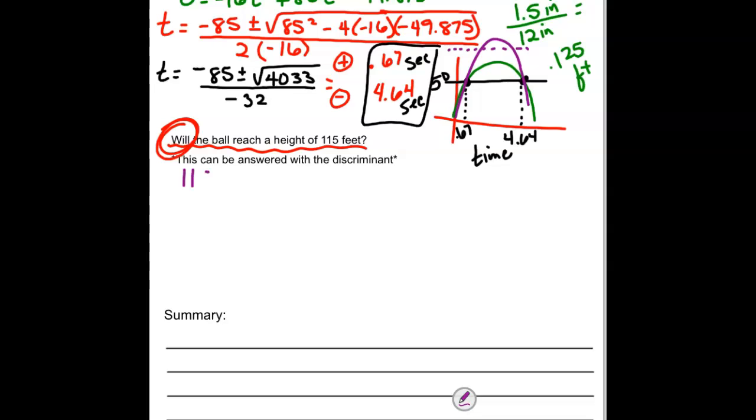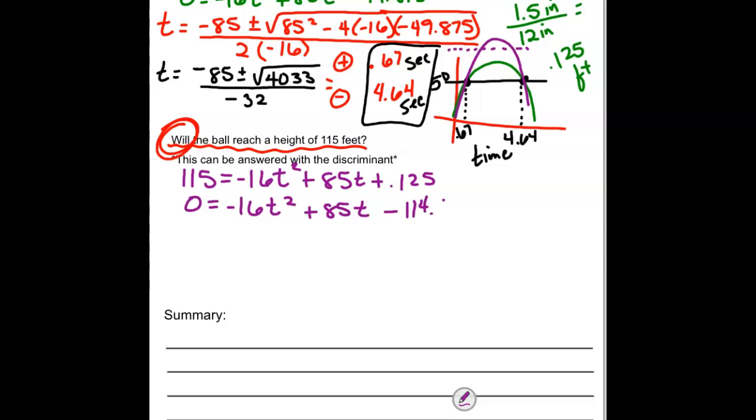So this time we want the height to be 115, negative 16t squared plus 85t plus 0.125. If we subtract the 115 over, we have 0 equals negative 16t squared plus 85t minus 114.875. So again, we really just need to find the discriminant, which is that b squared minus 4ac.